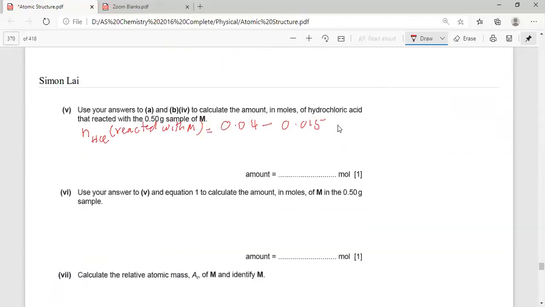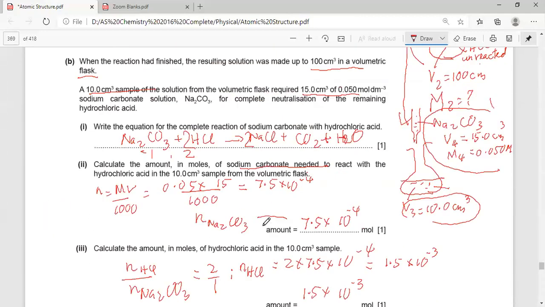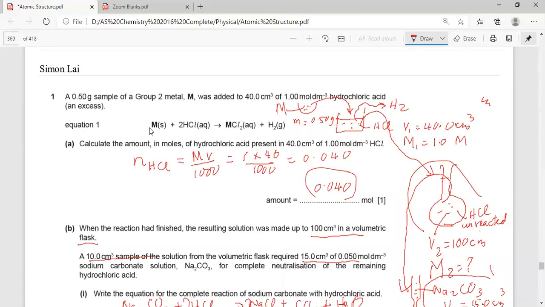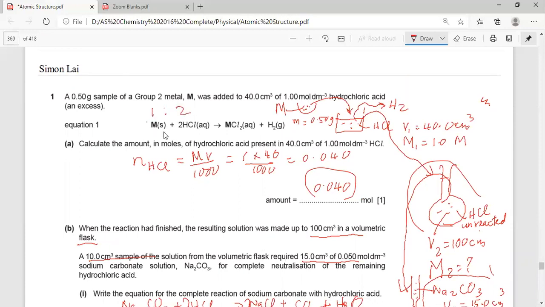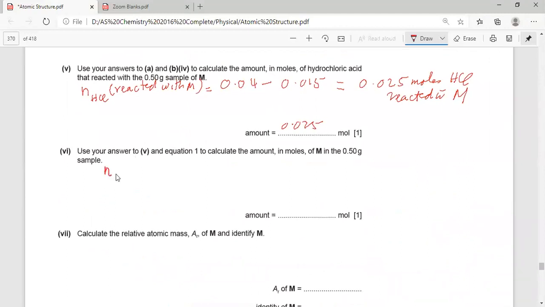So how much reacted? It is equal to 0.025 moles of HCl reacted with your M. So use the answer in equation 1 to calculate the number of moles of M. Remember, they give the ratios: 1 mole of M reacts with 2 moles of HCl. So number of moles of M over number of moles of HCl is equal to 1 over 2.